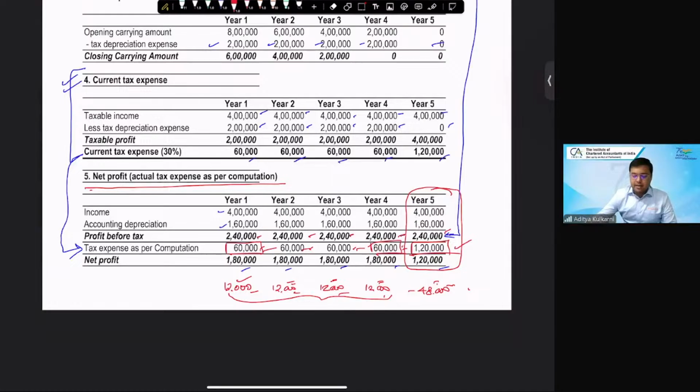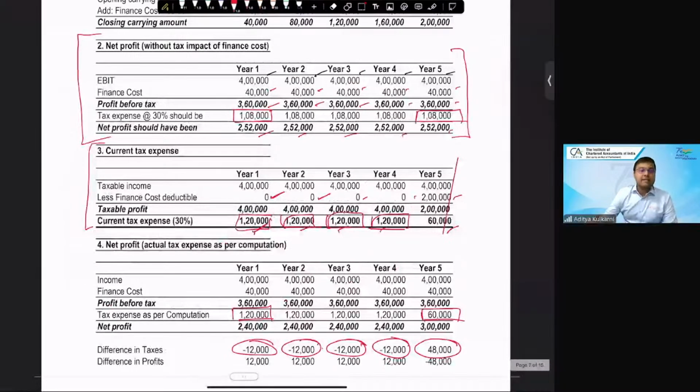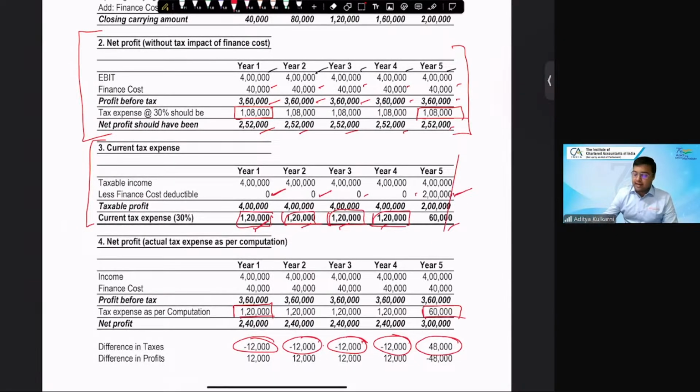So taxable income was given, depreciation under the Income Tax Act was given, and on that resulting profit, I computed the tax. In the second case, I started with the profit and did not give interest deduction because it was unpaid. It got paid in the fifth year. That is why the current tax expense goes down in the fifth year. Are we able to follow?